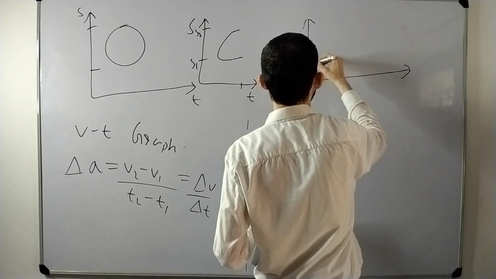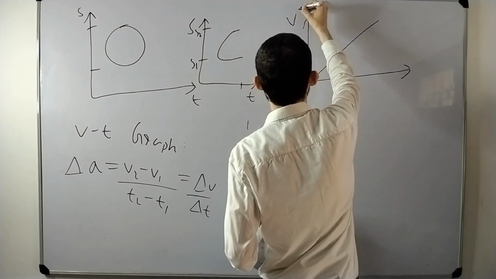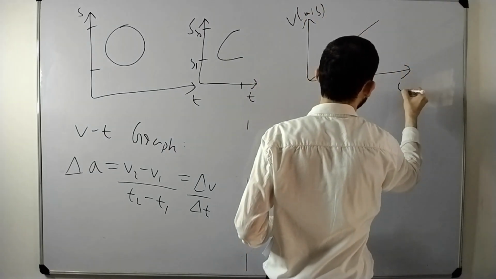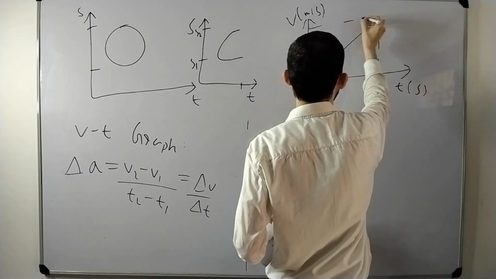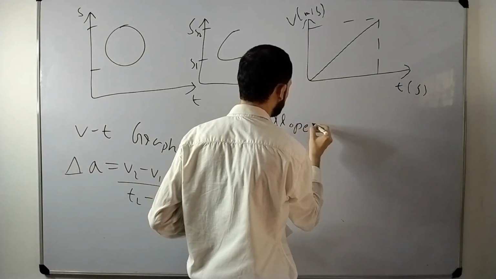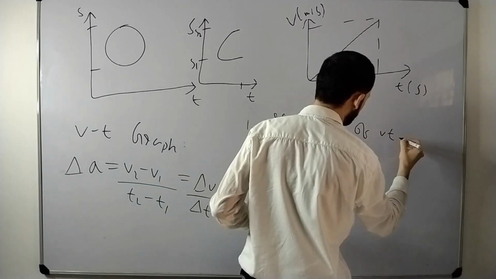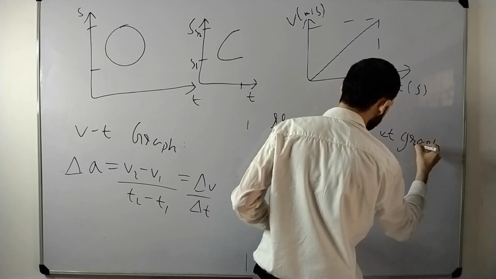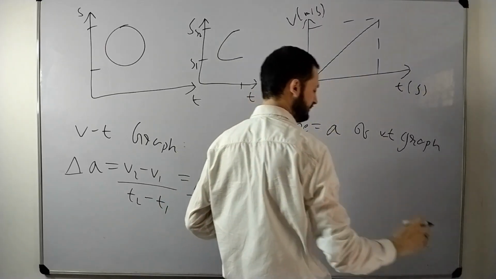So I would draw v on the y-axis and time on the x-axis, and this is again acceleration. Okay, slope gives acceleration of VT graph.